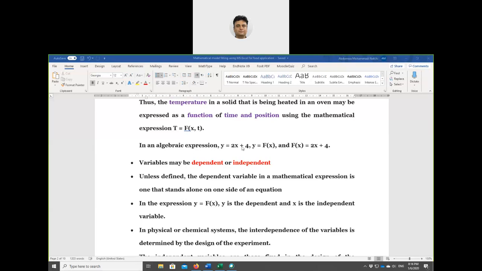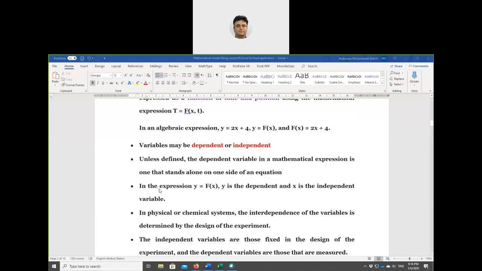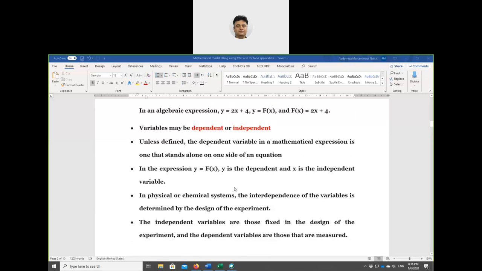Here you can see you change the position, you change the time, and measure the temperature. So the temperature is dependent, and x and t are independent in this function. In the expression y equals f(x), y is dependent and x is the independent variable.